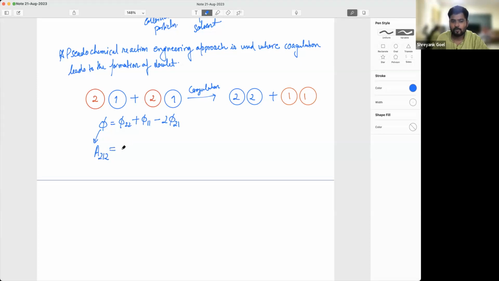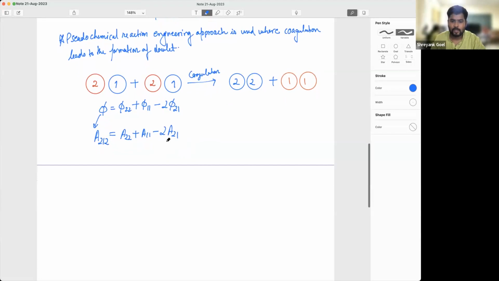That comes out to be A22 plus A11 minus twice A21. A21 we can rewrite by the mixing rule, as A22 times A11 to the power half.